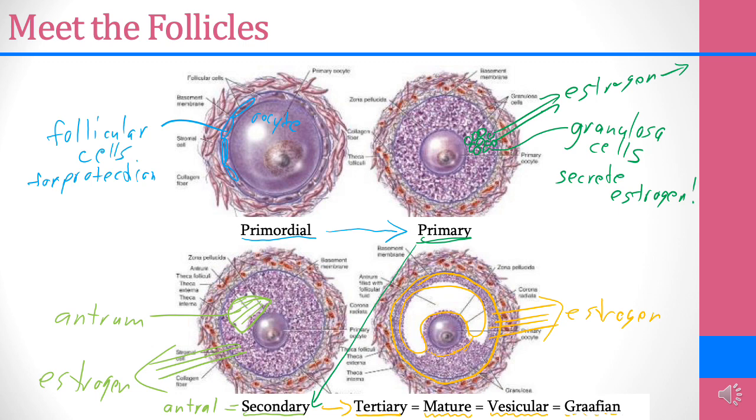I call it the egg on a stalk design. And at some point, this mature follicle is able to rip apart, and this entire package right here gets ovulated.